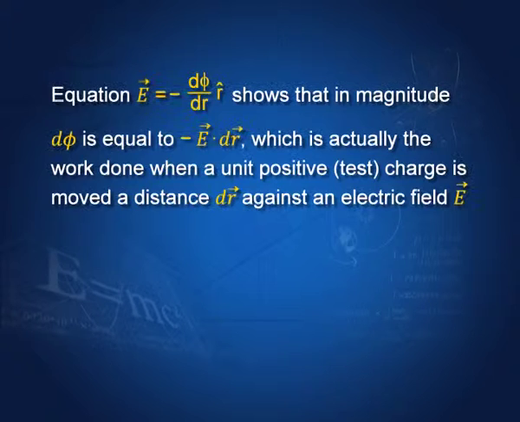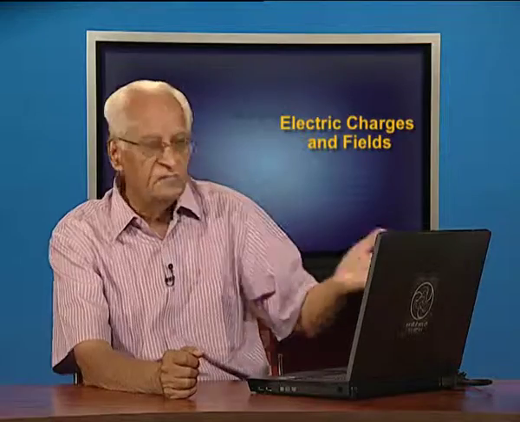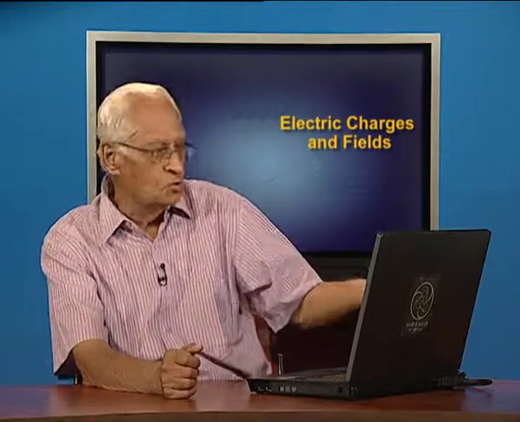You remember this relation, E equal to minus d phi by dr, that is, the electric field is equal to the negative of the derivative of the potential with respect to r.